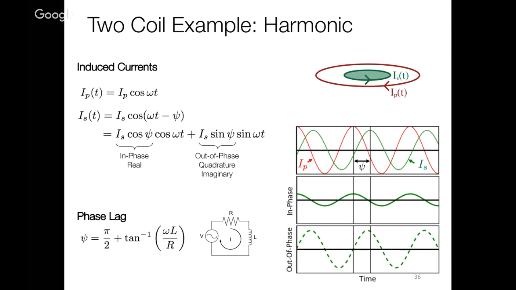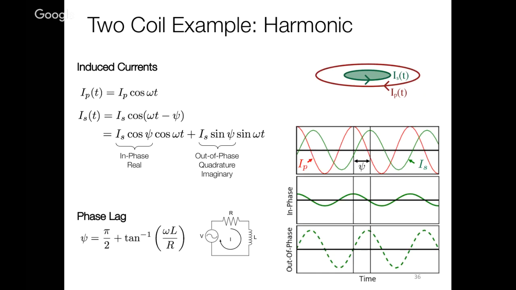So what can happen? The only two things that can happen is, okay, there's some amplitude of that current. So let's suppose that the primary current was 2 amps. Okay? Well, the secondary current is going to be something different. Maybe that's 0.5 amps or something, right? So that's one thing that could change.